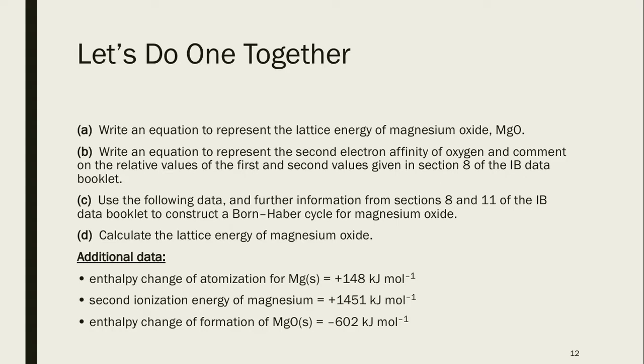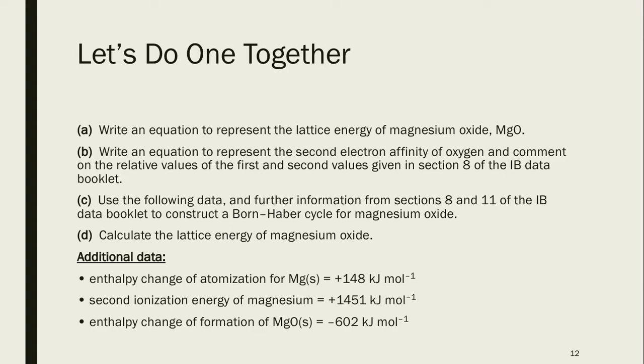Remember that is used to turn it into a gaseous magnesium atom. We are given the second ionization energy of magnesium. The first value for ionization energy you're going to find in the data booklet. The second one is given to you here. And then we are given the enthalpy change of formation of solid magnesium oxide.